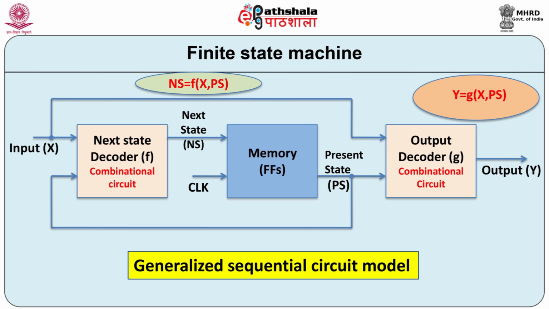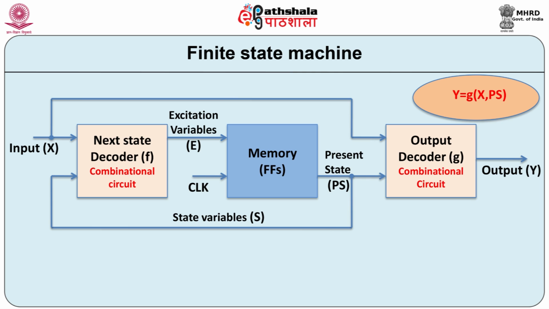The output of finite state machine is given by y is equal to G function of x and Ps. Finite state machines are classified according to the feedback, feed forward as well as other connections as class A, that is Mealy state machine, class B Moore state machine, class C, class D and class E machines.